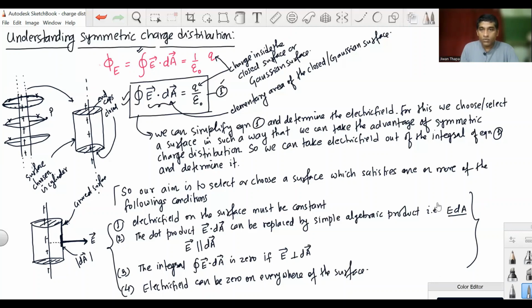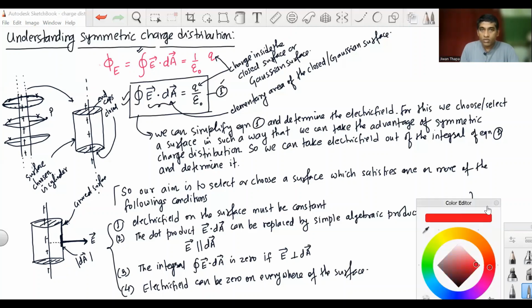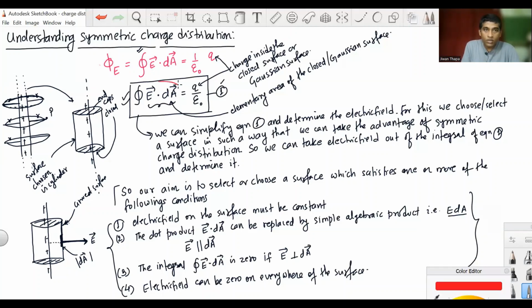Now let us draw a unit normal on this elementary area. So this unit normal gives the direction of vector area dA.